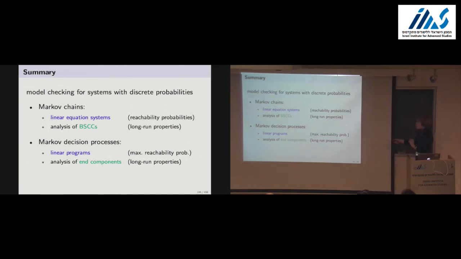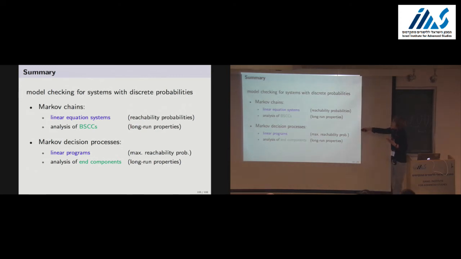To reason about long-run properties, this requires reasoning about bottom strongly connected components in the case of Markov chains, and the analogous thing for Markov decision processes are these end components. And for mean payoff, this is not explicitly stated here.